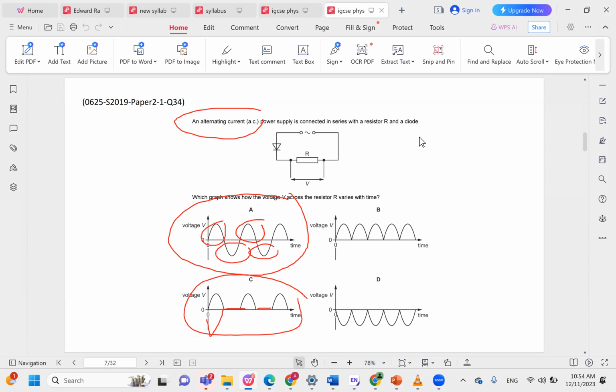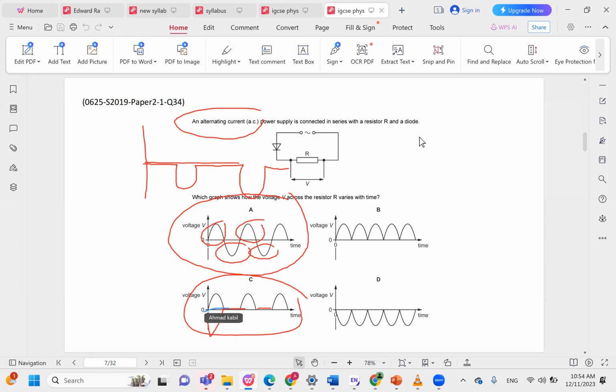B and D, of course, are wrong. However, just FYI, if you get a graph that looks like this, the opposite of C would also be correct.